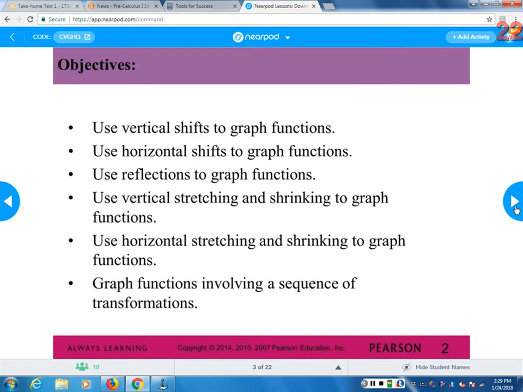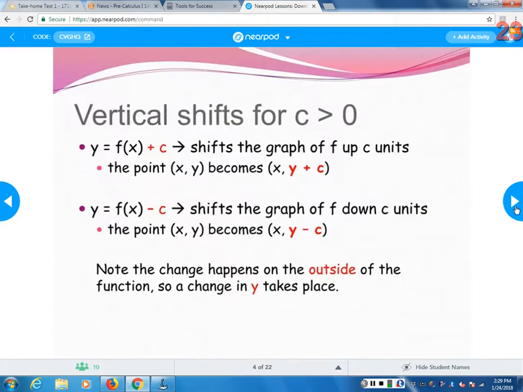So this is what we're going to be doing. We're going to be shifting the graphs.